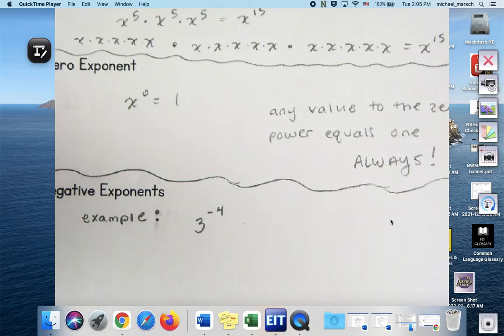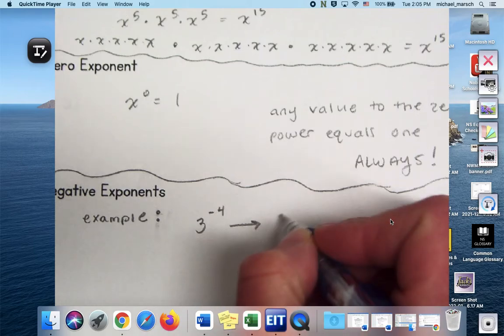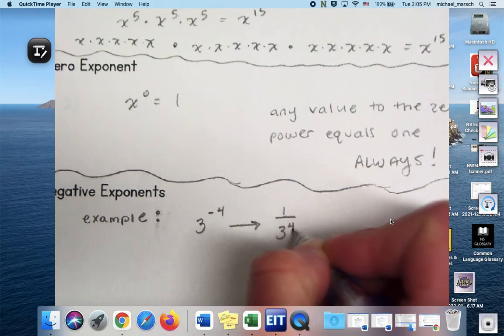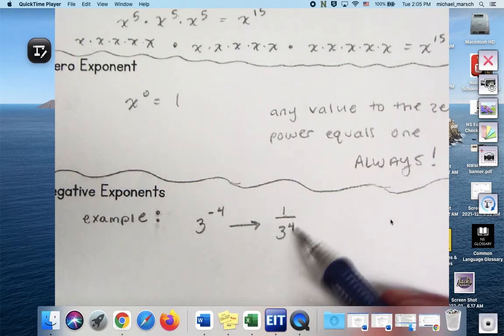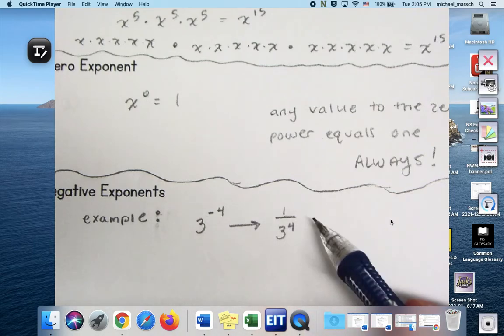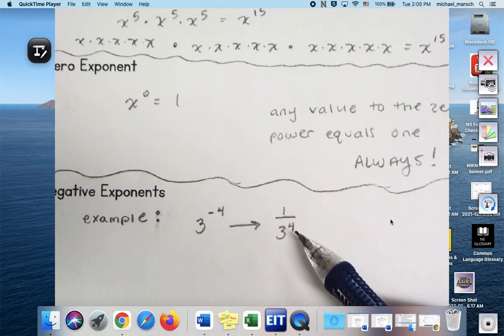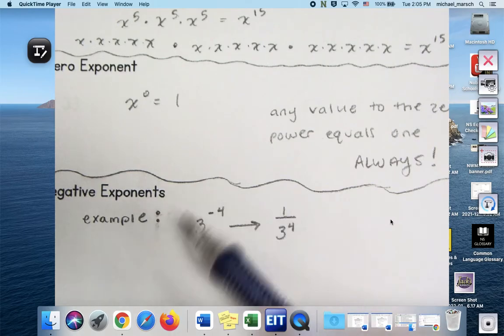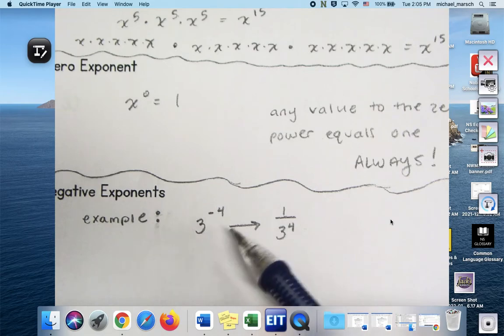So what you have to do is transform it into a fraction where 1 is the numerator, and then all of a sudden magically the negative disappears. I do have an explanation, but I'll show you in 1 second. I need you guys to remember that this is what you do to solve that problem.